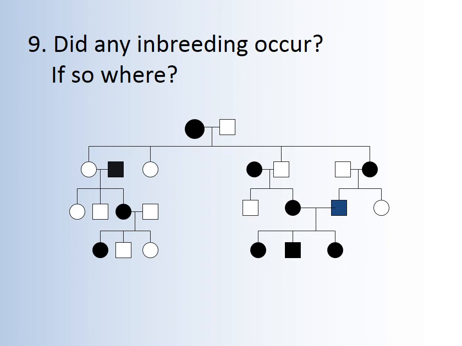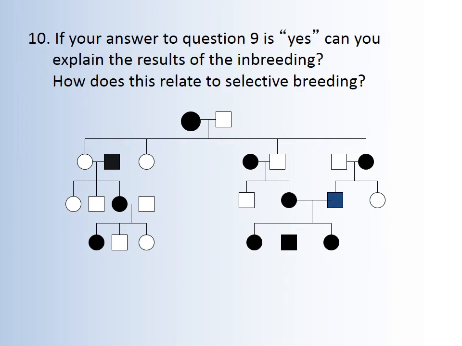It was in the 3rd generation, between the 6th and 7th individual, they're cousins. It said if your answer was yes, what was the result? All of their offspring had the trait. So if it was a good trait, that's a good thing. If it's a bad trait, then that's not such a good thing.